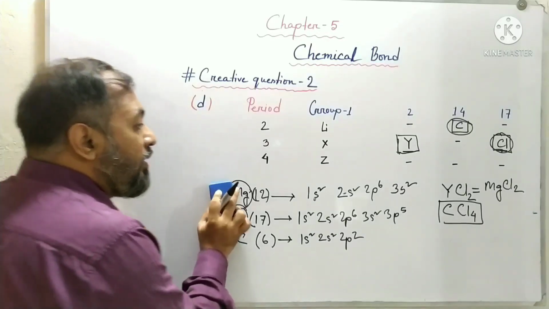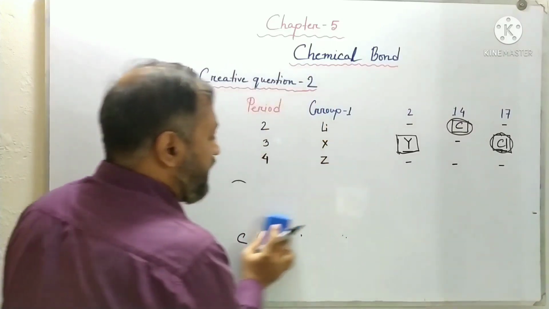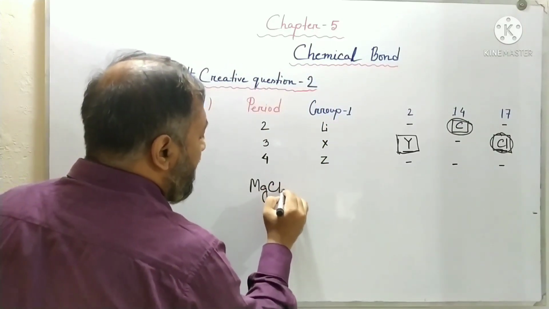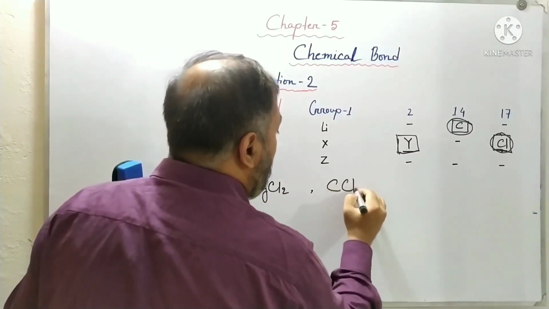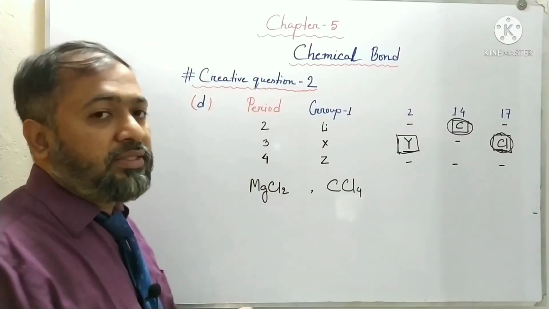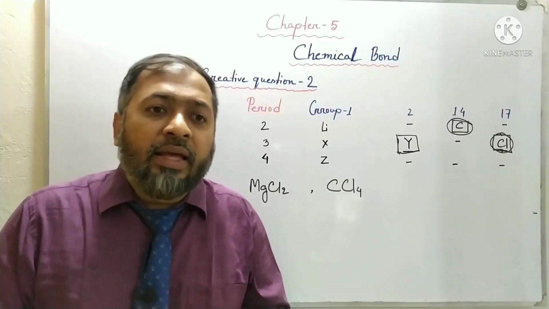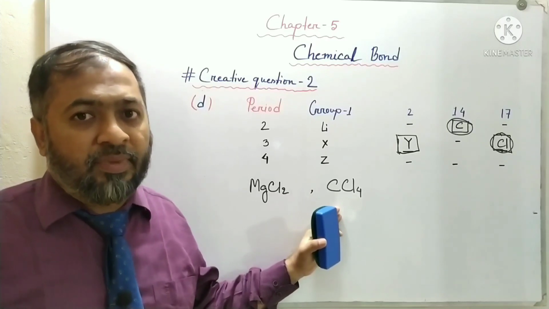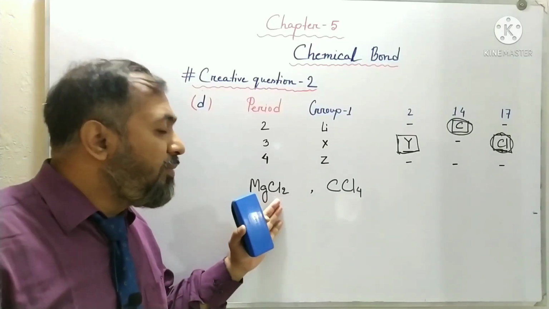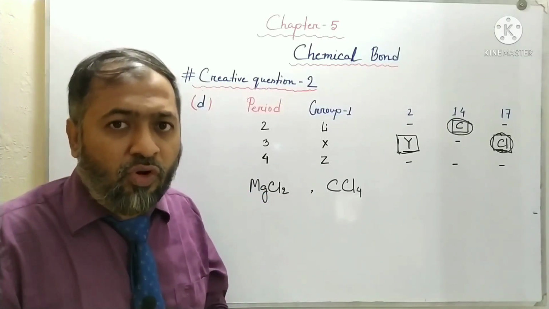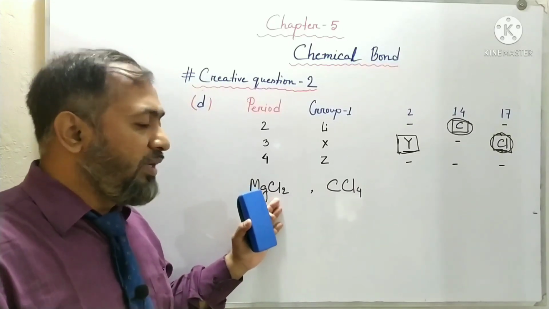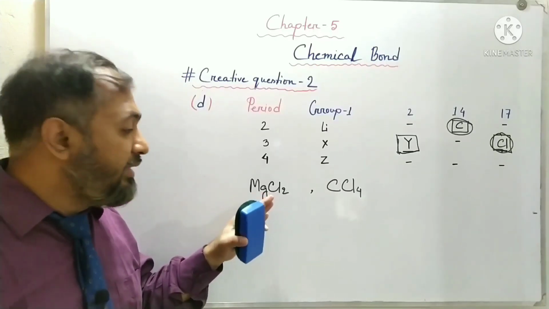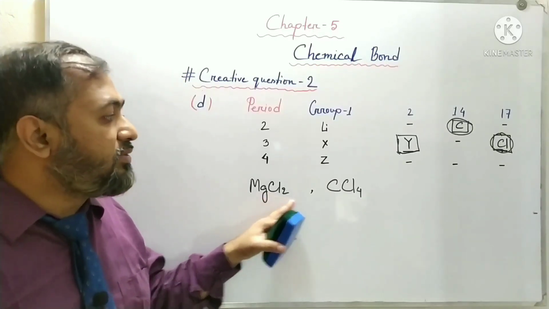Now students, come to the main question: between magnesium chloride and carbon tetrachloride, which one conducts electricity? In the normal case, none of them conducts electricity, but when we dissolve magnesium chloride in aqueous solution, or when we melt it down and then try to conduct electricity, this compound will conduct electricity, but the other will not.